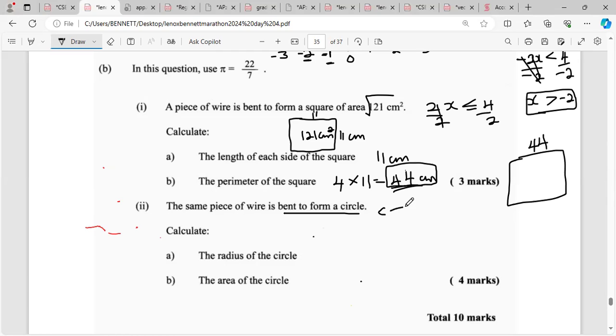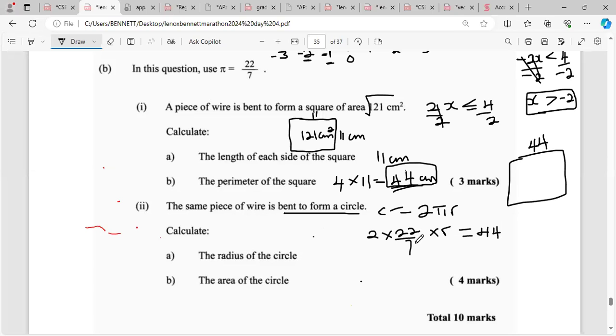So circumference equals 2 pi r, right? It will be 2 times 22 over 7, since they say take pi to be 22 over 7, times the radius. We don't know what the radius is, but this must be 44.